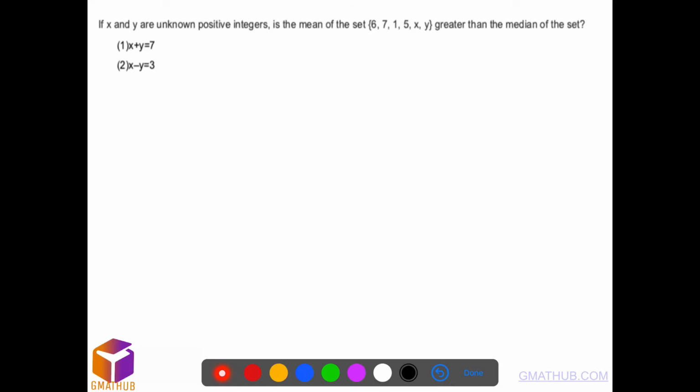Four numbers are there: 1, 5, 6, 7. Their sum is 19. And there are two more numbers, x plus y. This would be your mean, sum of all the terms upon the number of terms. Now what we need to check is, is the mean greater than the median?